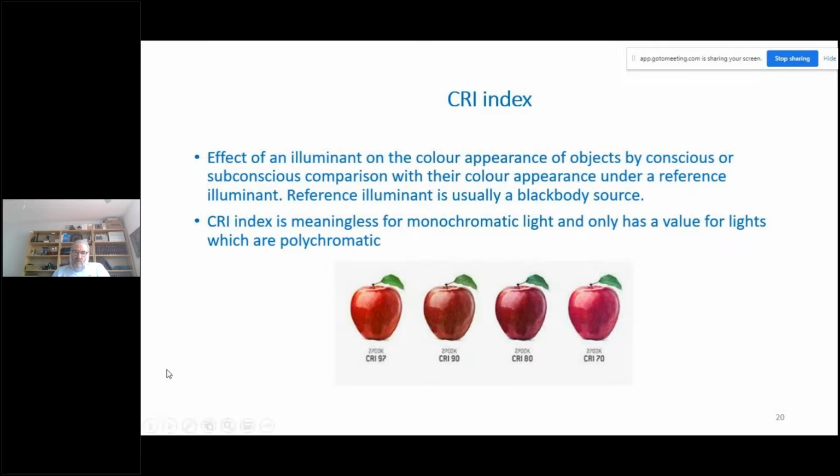Although the color temperature is the same for all of these, the CRI values are different. You can see here 97, good color, and as you go to lower CRIs, the color has deteriorated. The CRI index defines how original the color would be under that light source, and the higher the value, the more original it would be.